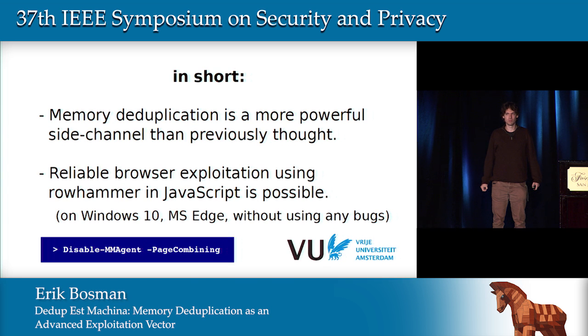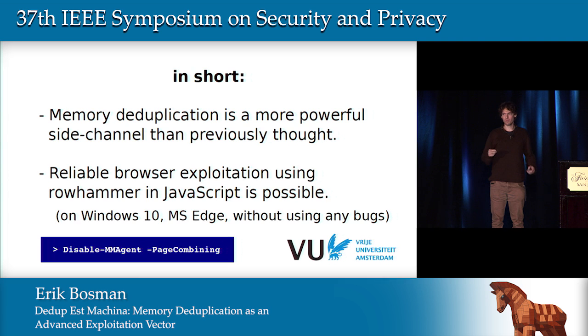Hi, my question is more related to the Rowhammer. How did you reliably find that if I flip this bit, it's going to convert into a pointer to the other location? Because you need reconnaissance first, right? You have to recon.